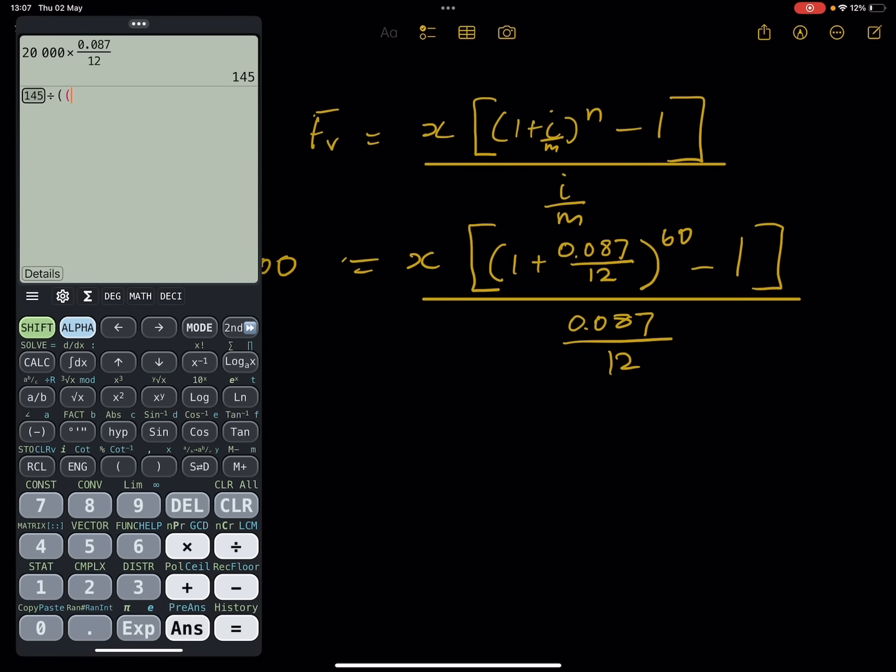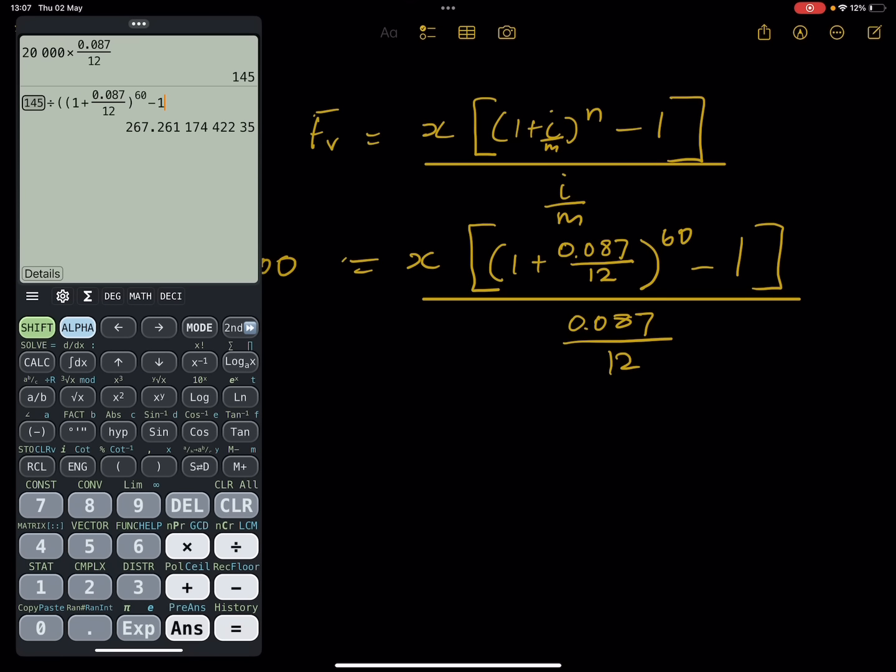So that's 1 plus, again, 0.087 over 12, to the power 60, over a period of 60 months, and that's minus 1.